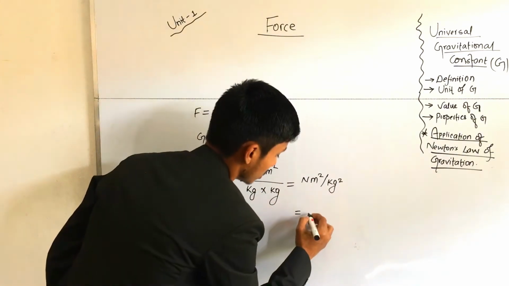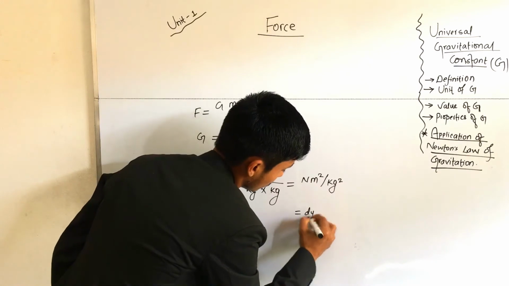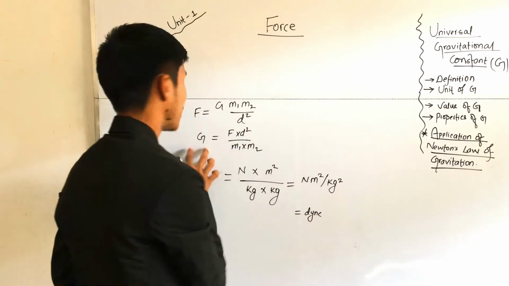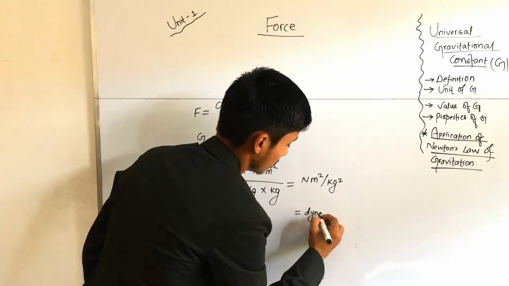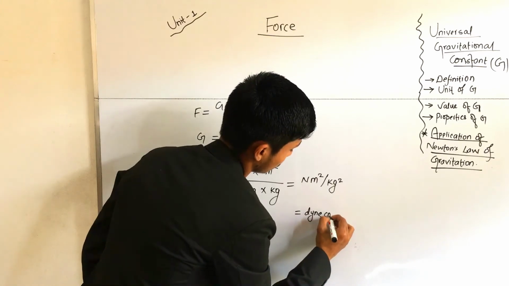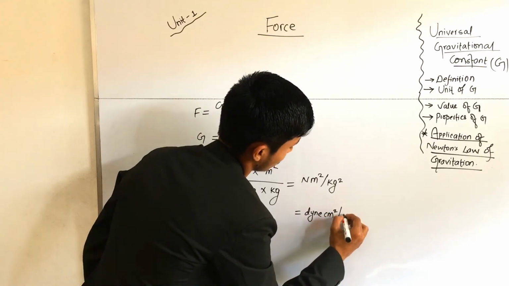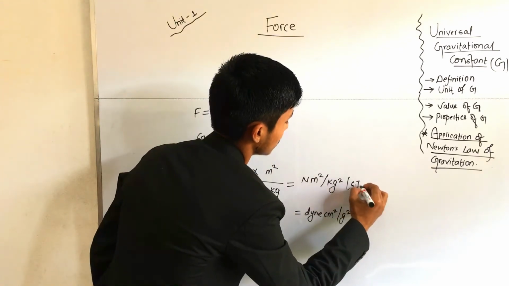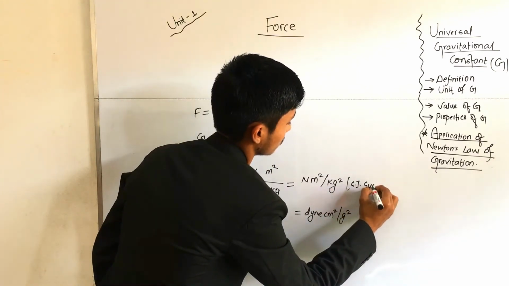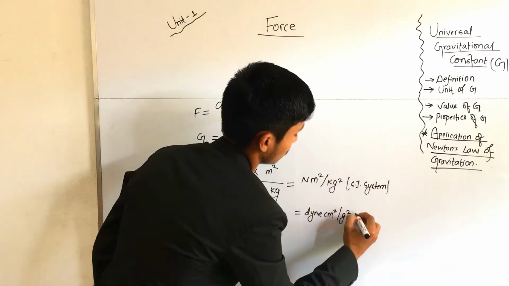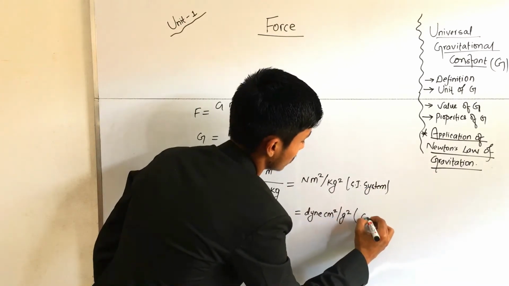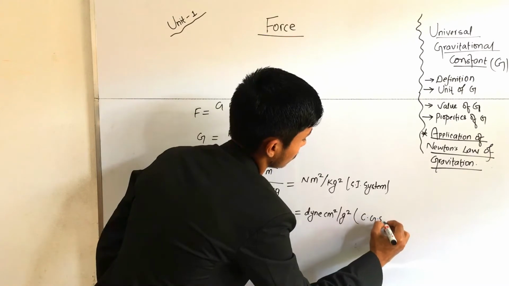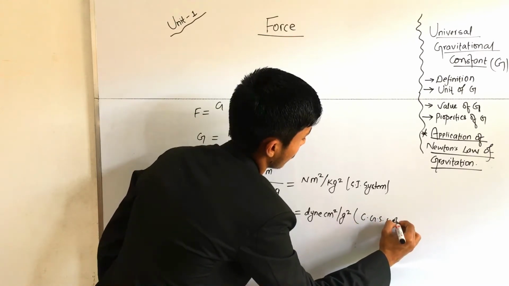So the unit of capital G in the CGS system is dyne centimeter square per gram square. This is in the SI system, and this is in the CGS system.